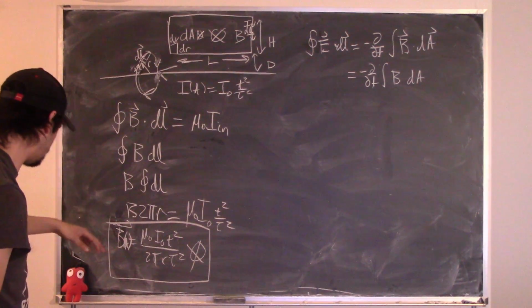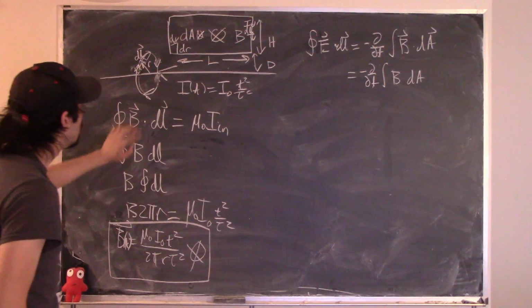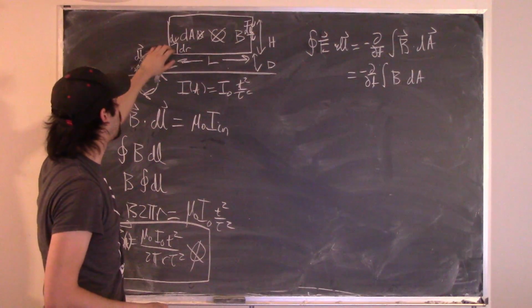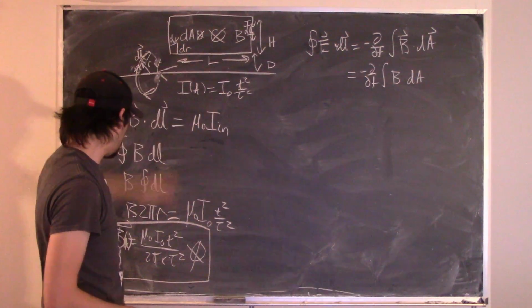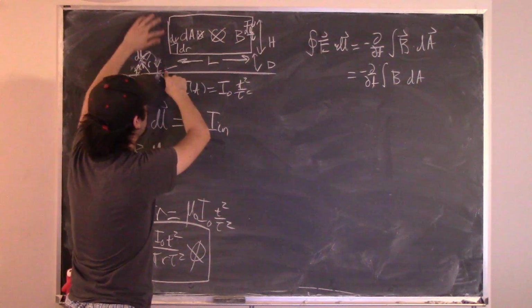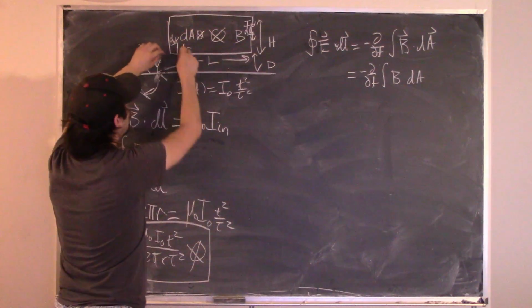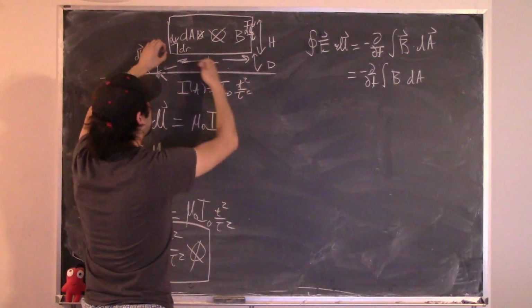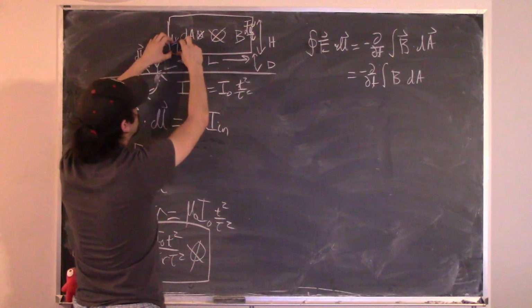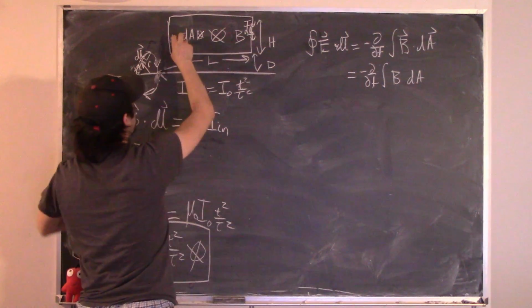So this was a point of confusion talking to some people in class today, but I want to clarify this. The reason why this dA has to have a part dx and a part dr is because the magnetic field varies as I move further away from this wire. When I'm finding the magnetic flux, I'm trying to find out how much magnetic field is going through the whole loop.